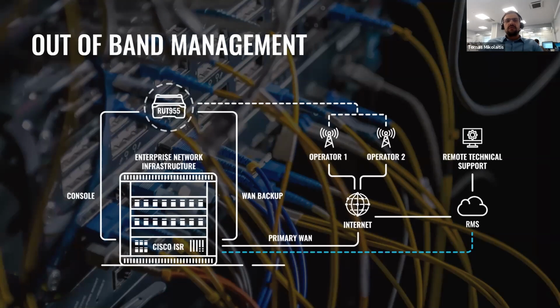And how to solve it? One of our clients has looked at this issue quite differently. He took one of our best-selling devices, RUT955, since it has serial communication, and connected it to the Cisco device console port using the RS-232 interface.